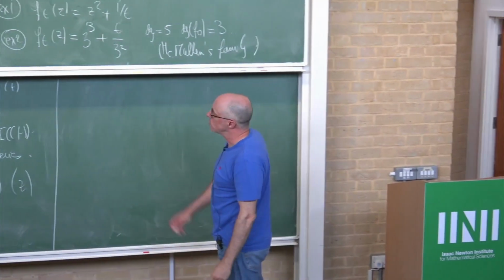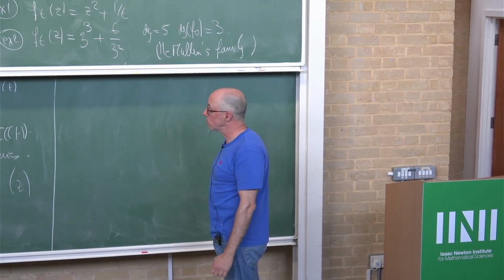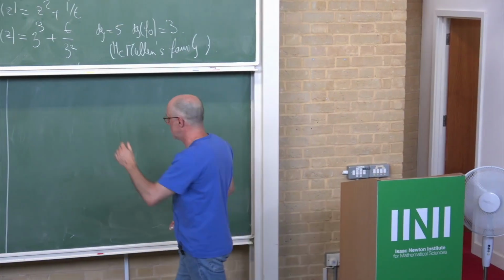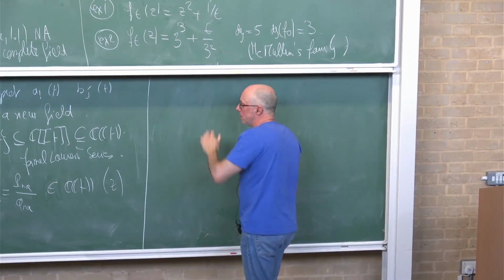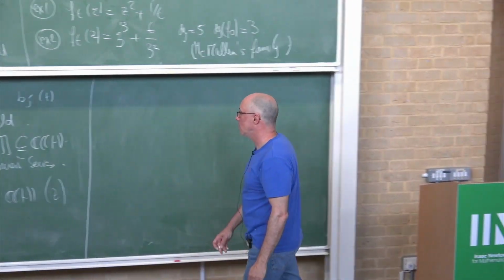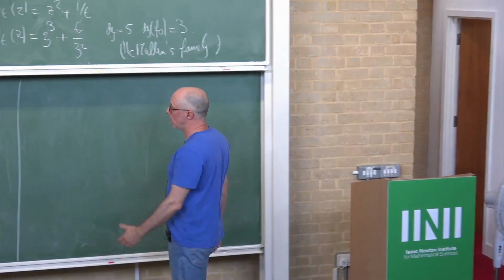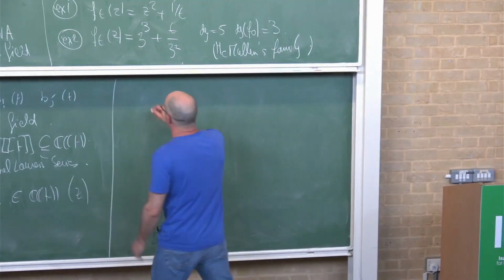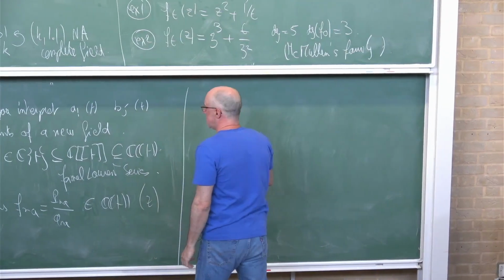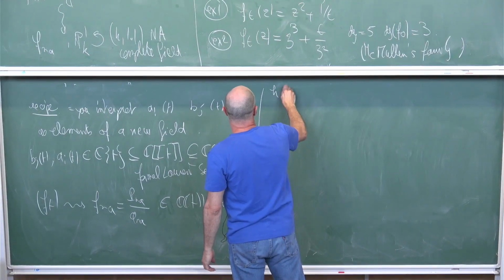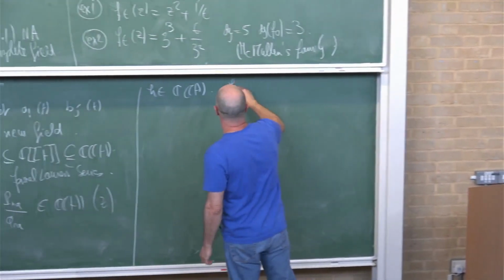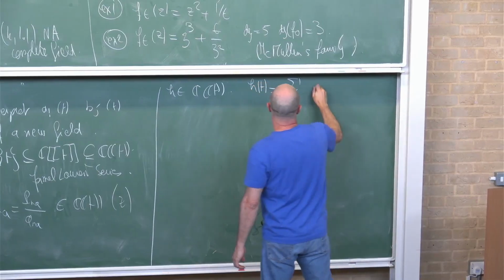So my field is going to be endowed with a natural norm. What is the norm I'm going to put on the field of formal Laurent series? This is a norm induced by the valuation which sends a formal Laurent series to the order of vanishing or the order of the pole of the Laurent series at 0. So let's say you have an element H in the field of Laurent series. You can look at its expansion.